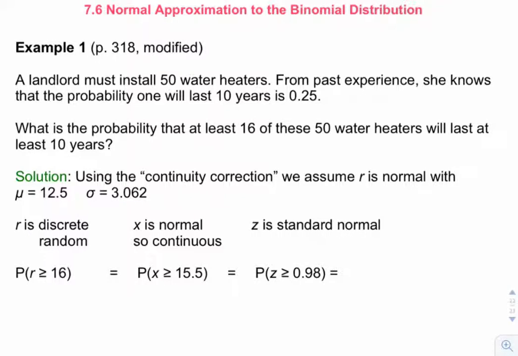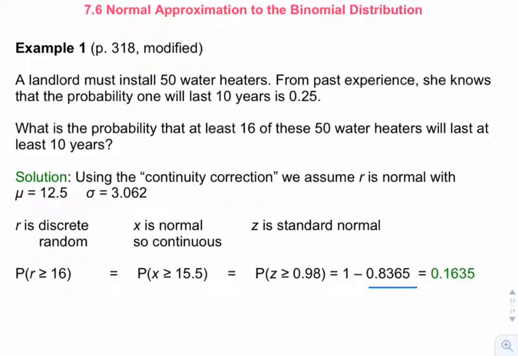Great. So now we would use our z-table to find the actual probability. Notice here, this is looking for an area to the right. So we have 2 options. You can do 1 minus the value on the table that you looked up.